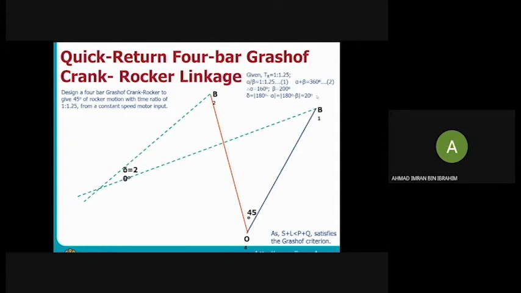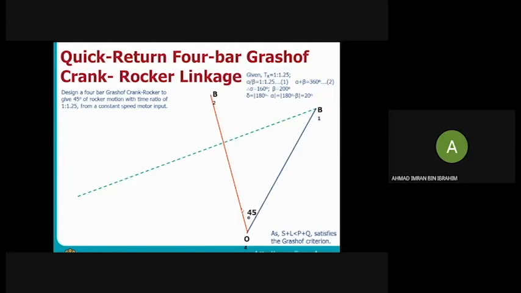This is very difficult to find, but I have a trick for you, because you know the angle here is 45 degrees. Before you draw, I need to go back. You draw this line, any line, just intersecting between B1 and B2.